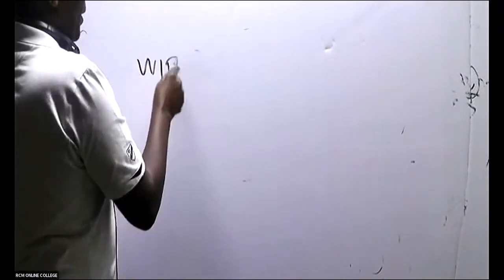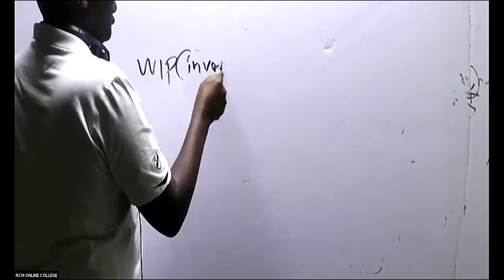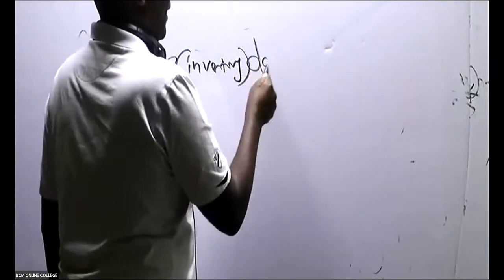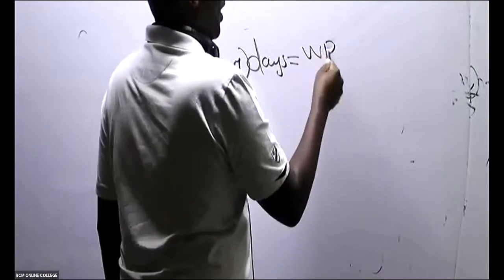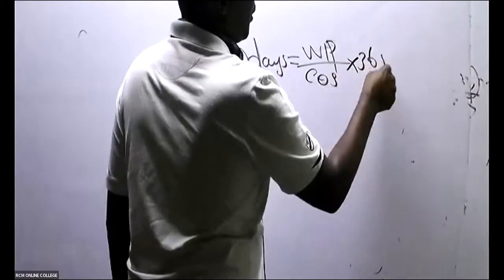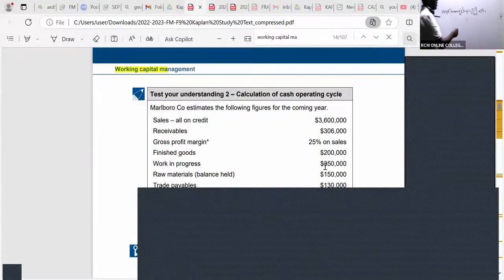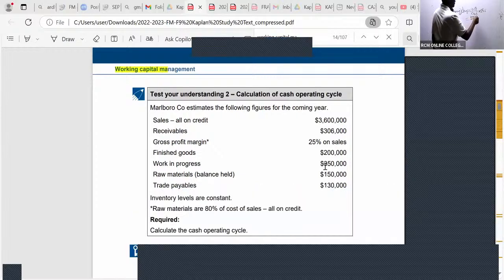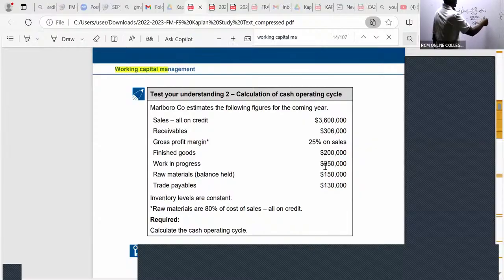So WIP days, I will take WIP and divide this by cost of sales times 365. The WIP given here, ladies and gentlemen, is 350,000, divided by our cost of sales of 2.7 million times 365.